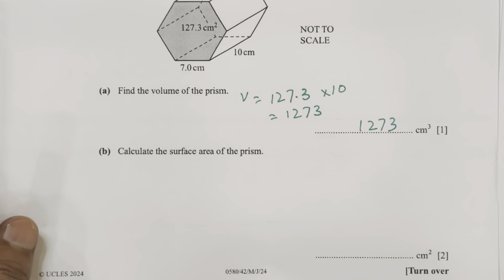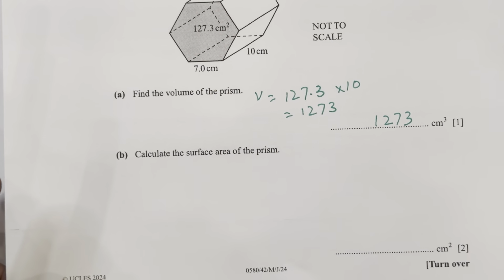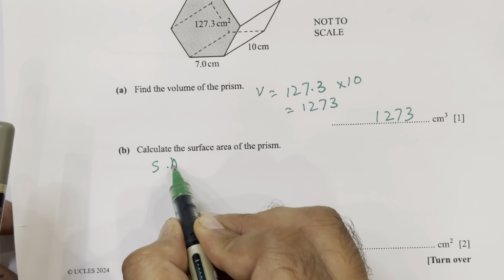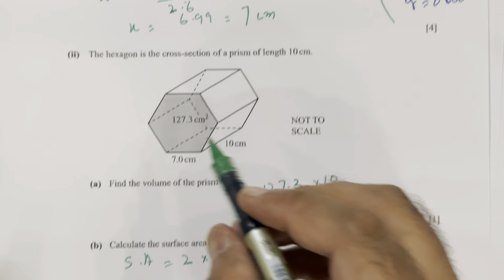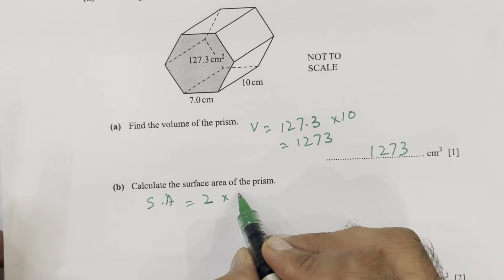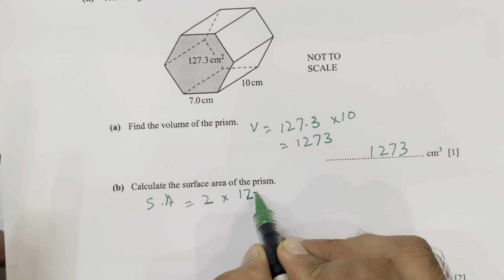Now calculate the surface area of the prism. We know that surface area of the prism is equal to 2 into area of cross section, because this is here and this shape is also at the back, 127.3.